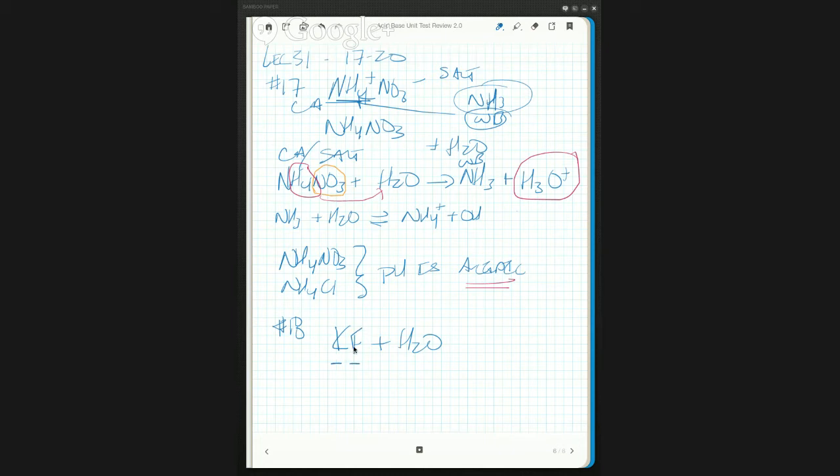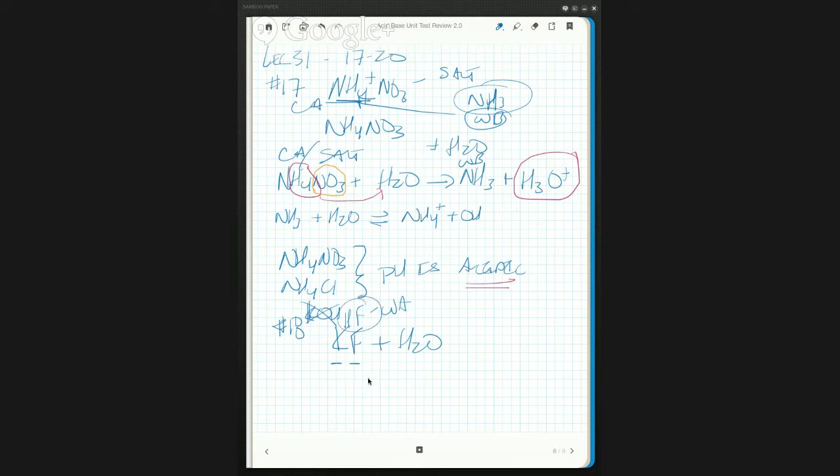The F, however, is the conjugate to HF. K, we could say, is the conjugate of KOH, which is a strong base, so that's not contributing to pH. The F is the conjugate to HF, which is a weak acid, and so that's our winner right there.